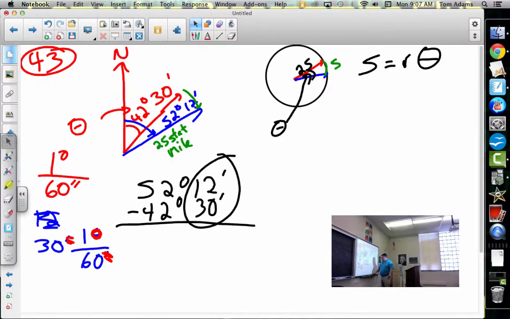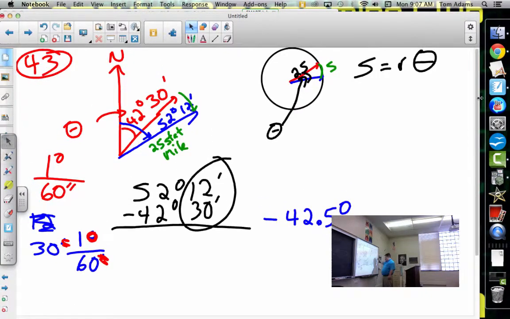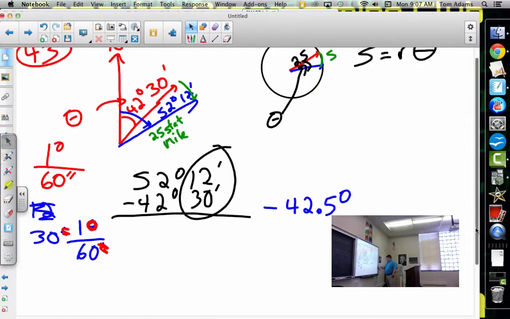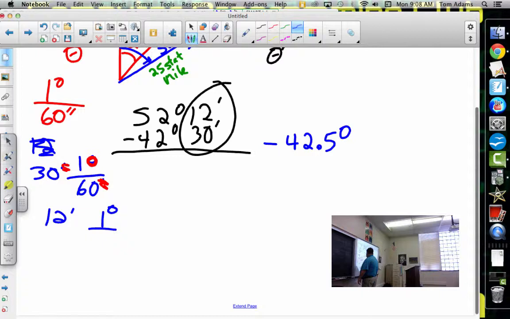So this bottom one is minus 42.5 degrees. Because the 42 doesn't change, those are whole degrees. I'm just converting the minutes. So now I've got to do the same thing with the 12. I need to say, well, what are 12 minutes if I convert them to degrees?